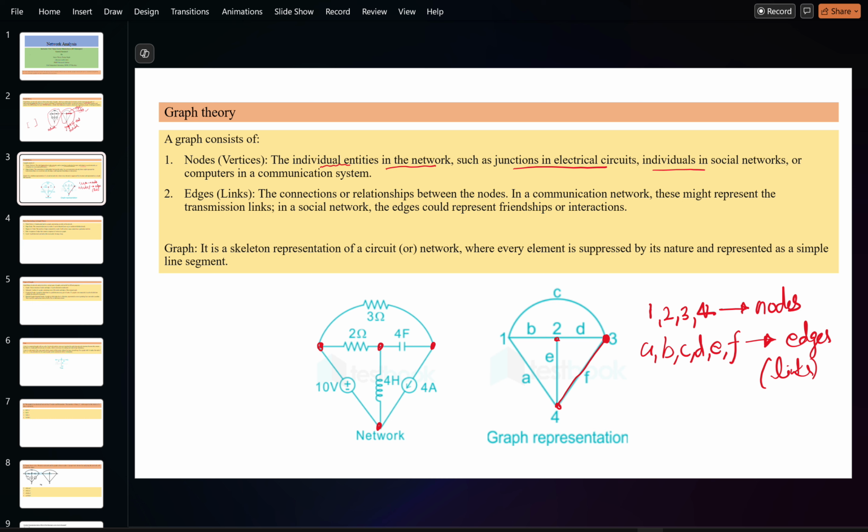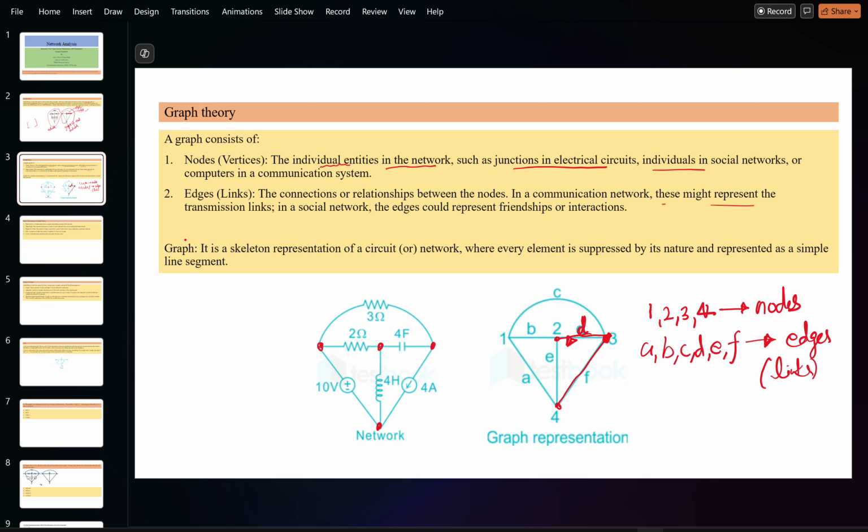That is, between node 2 and node 3, the interconnecting edge is called D. Okay. So in a communication network, this might represent transmission links, or in the social area, edges represent friendship or interaction between two nodes. Suppose a current is flowing between 2 and 3. So this is a current-based interaction between the two nodes.